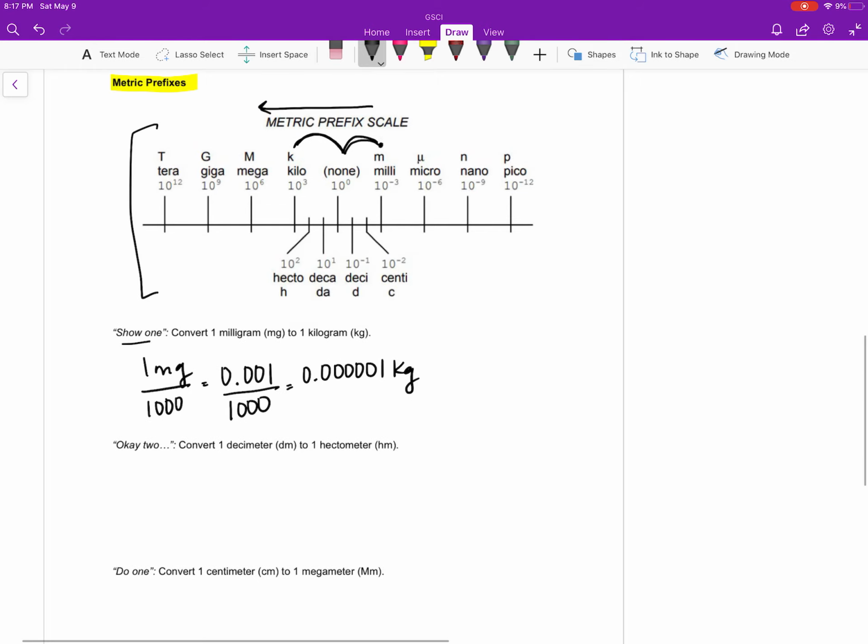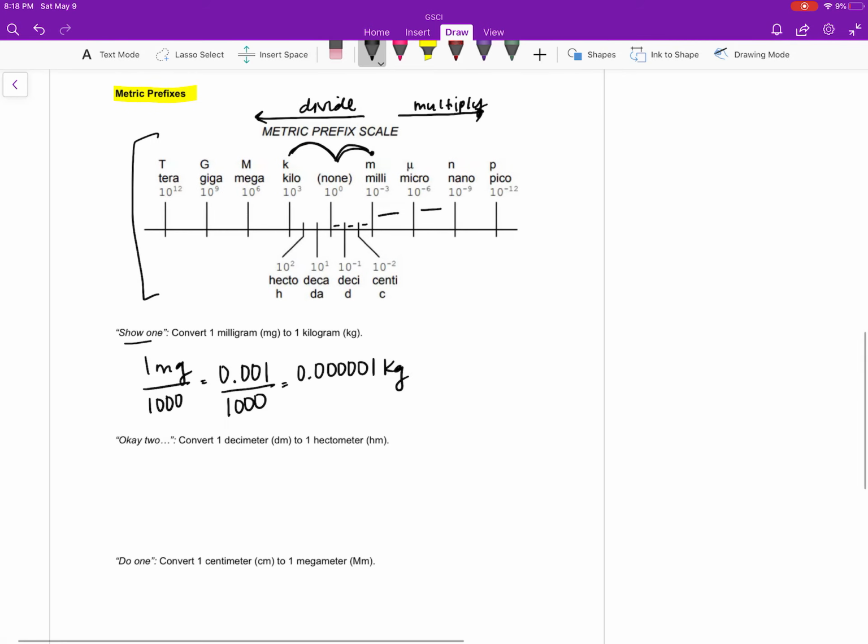So going to the left, we're going to divide. When we're moving to the right, we're going to multiply by those factors. Remember we said each of these is 1,000, each of these smaller ones is a factor of 10. The other option, if I'm going to move backwards, is to move the decimal place. So this is moving 3 decimal places, and this is moving 3 decimal places.